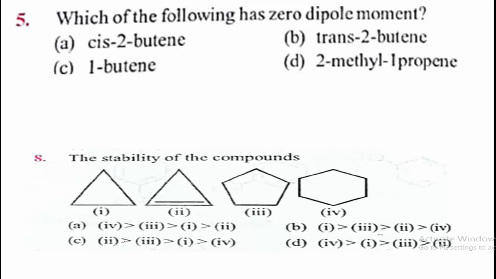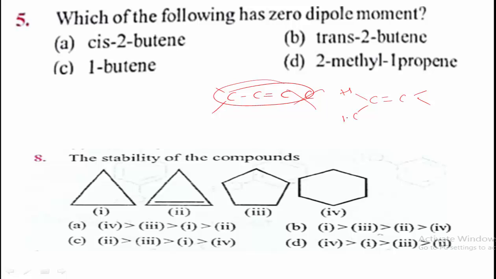When you write all the given structures, I take trans-2-butene. Here we know the trans-2-butene structure appears like this, with a double bond. First you write C double bond C, and here trans means similar groups are present opposite in direction.